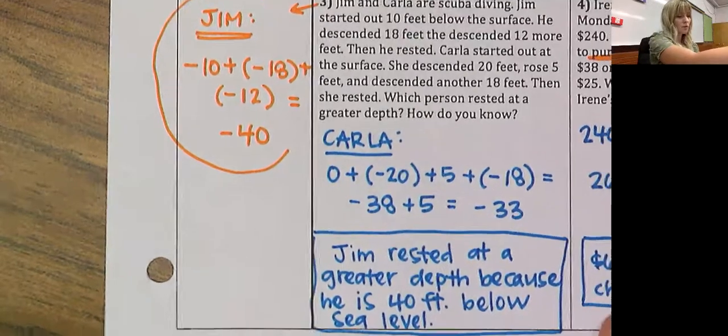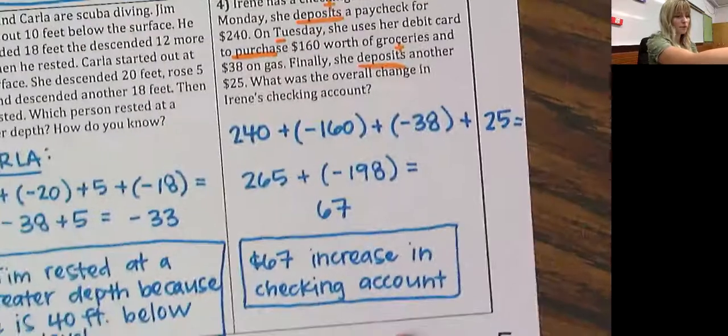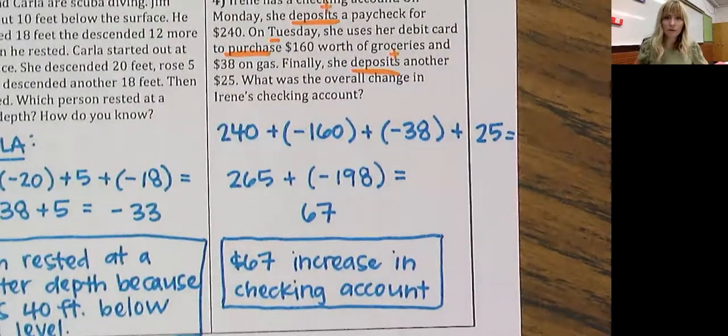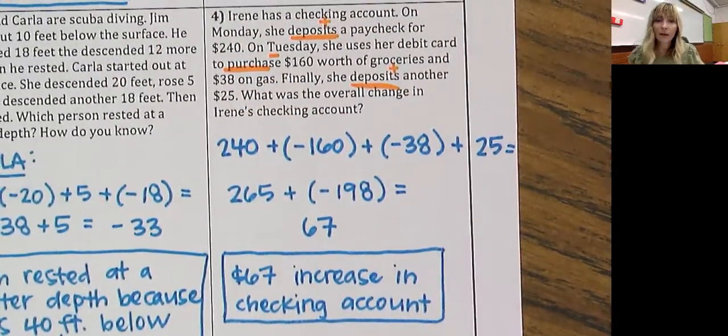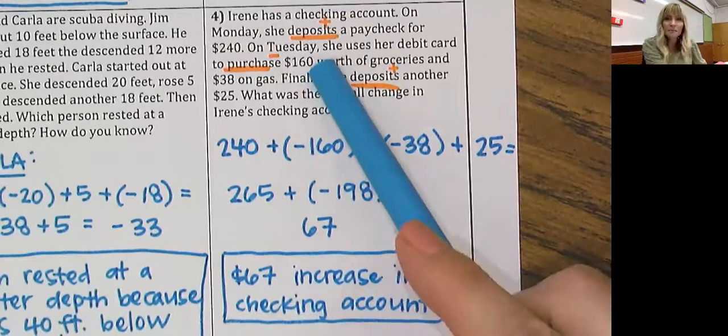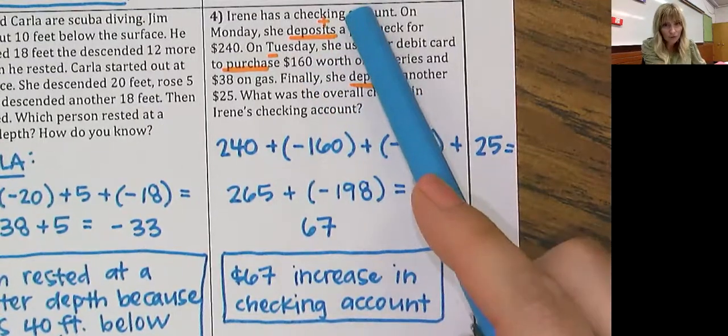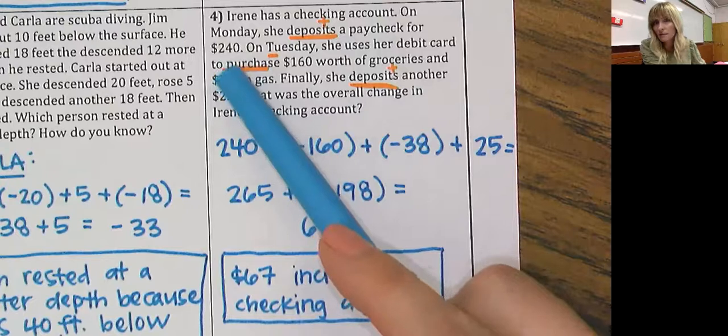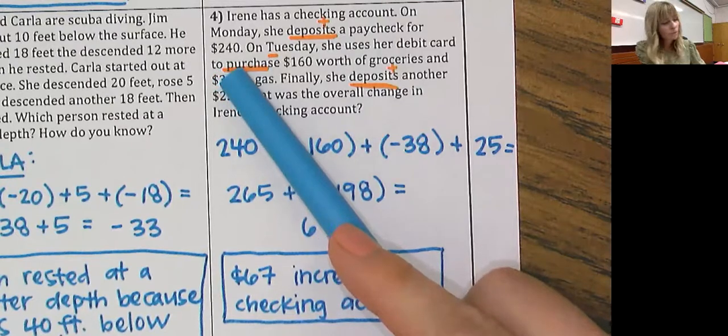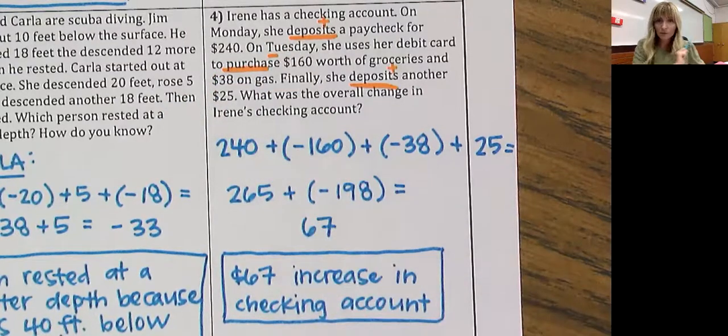Number 4, just in case you're not familiar with the language of a checking account, because you guys are 7th graders and probably don't have one, and that's okay. Depositing money is a positive. That puts money into your account, and any purchases, which we sometimes call withdrawals, would be negative values. So I just marked that, annotated in here.